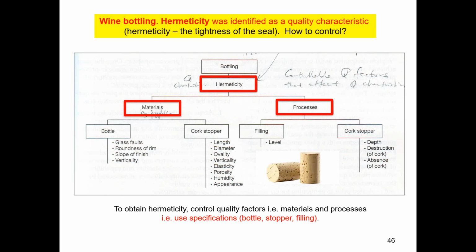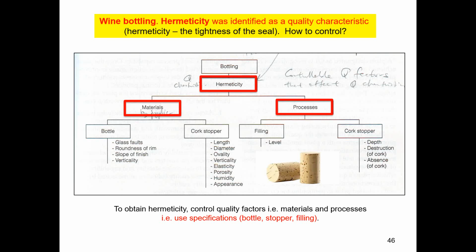Alright, so two quality factors there. One is the materials, another is the processes. For the materials, maybe the bottle and the stopper, the cork stopper.